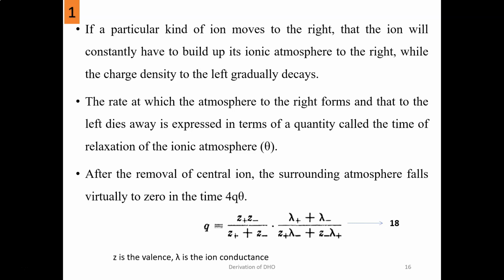The rate at which the ionic atmosphere to the right forms and that to the left dies away is expressed in terms of a quantity called the time of relaxation of the ionic atmosphere, represented as theta. The time required for breakage and making of the ionic atmosphere, where the old ionic atmosphere is broken down and the new ionic atmosphere is formed, is termed the time of relaxation.